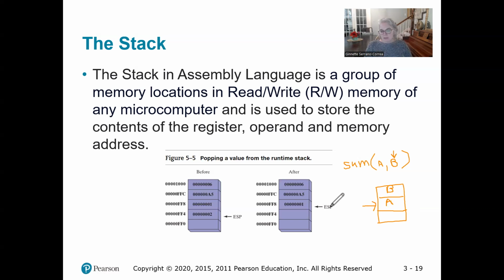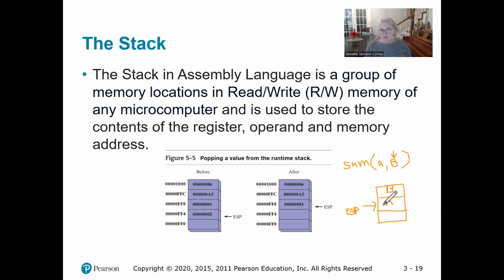There's something called ESP. ESP is one of those registers that I mentioned before in a previous chapter. ESP is the stack pointer, so it's keeping track of where we are on this stack. What's the last thing that got put on the stack? Oh, A got put on the stack last.